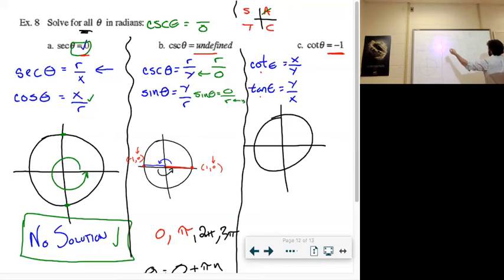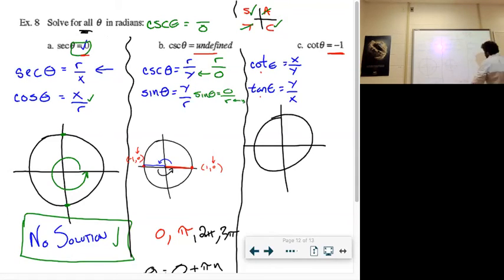Sine and cosecant are the only positive in the second quadrant, so we could have an angle there in the second quadrant. Tangent and cotangent are positive in the third, so the third quadrant's out. And then cosine is positive in the fourth, along with secant, which means that cotangent and tangent are negative. So we have two quadrants where our angles could be located. So let's look at that.